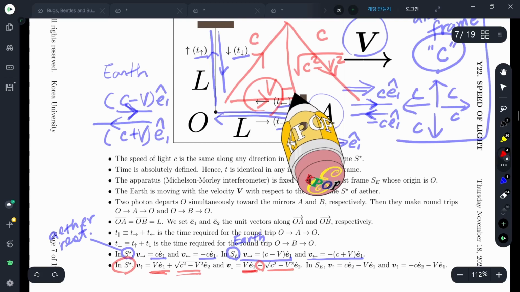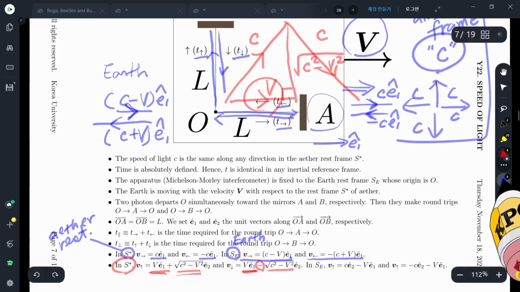Okay, there are two typos. If you make a Galilean transformation from the ether rest frame to the Earth rest frame, this one cancels. The Earth motion cancels.